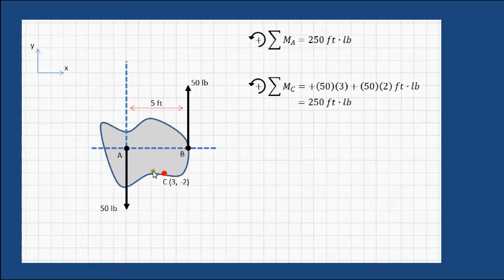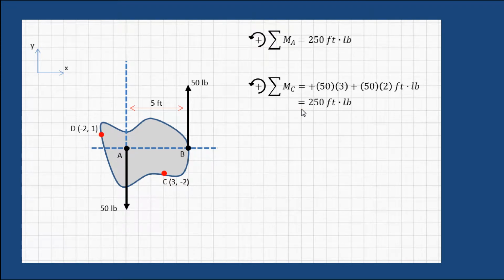So the moment of this force system, when calculated about point A, is 250 foot-pounds, and when we look at the total moment produced by this couple system about point C, it's again 250 foot-pounds.